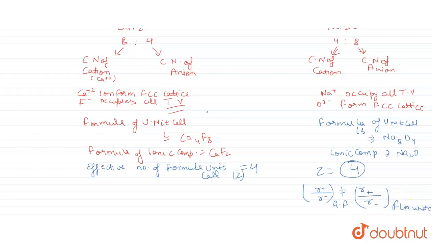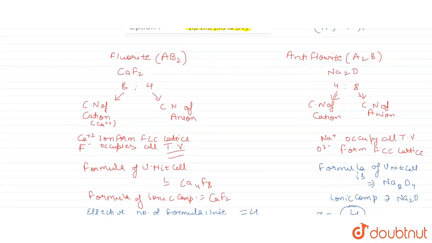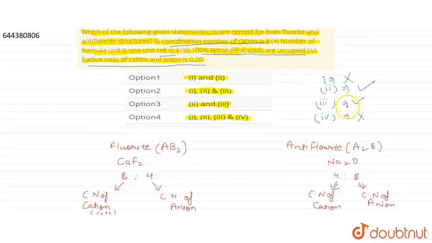So radius ratio of cation and anion are not the same in fluoride and antifluoride structure, and it is also not equal to 0.20. So our fourth statement is completely wrong.